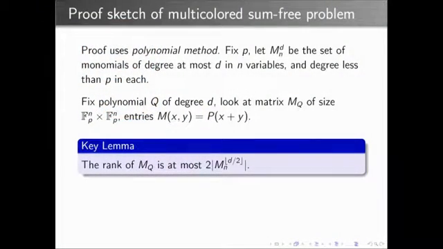So fix a polynomial q of degree d, and then we define this matrix M_q. Its rows and columns are indexed by Fp to the n, and it has entries: the entry corresponding to the vector x and the vector y is q(x plus y). Sorry, yes, q is p.